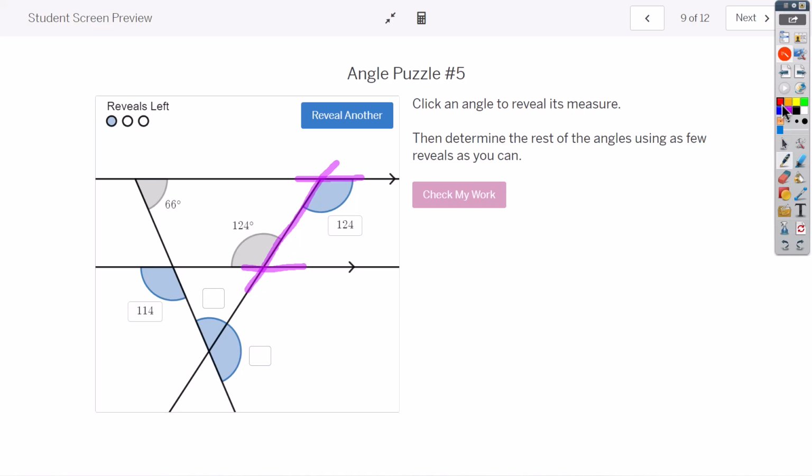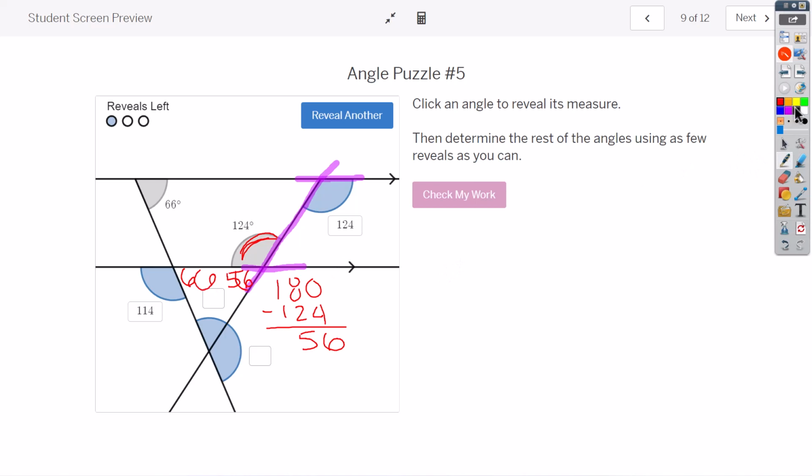So if this is 124, then this angle has to finish out another 180 degrees. 180 minus 124 is going to be 56. That's 56. And I found earlier that this was 66.